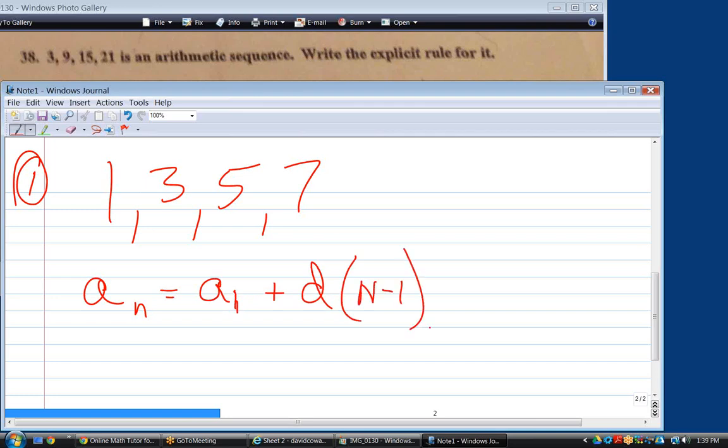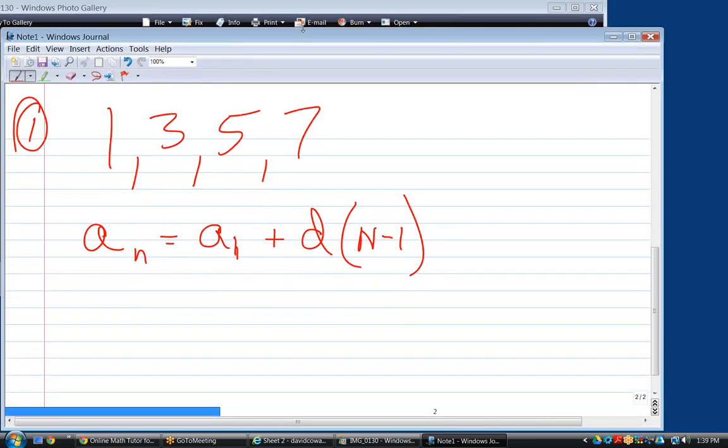There's the general rule for an arithmetic sequence, and then for a specific arithmetic sequence, you have an explicit rule for that sequence. But this covers all arithmetic sequences. And notice how it applies to this one that I have written here.